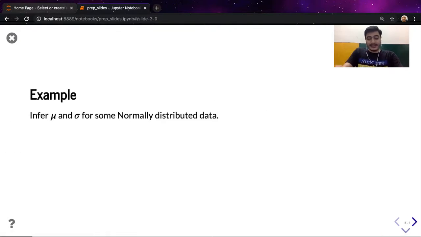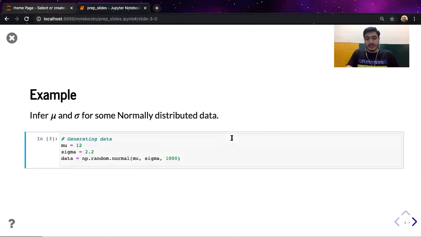As an example, we wish to infer the mean and standard deviation for some normally distributed data. This will help us give an underlying view of what goes on in variational inference. We'll be making use of TensorFlow and TensorFlow Probability libraries to help us get our mathematical equations transformed into TensorFlow and Python code.